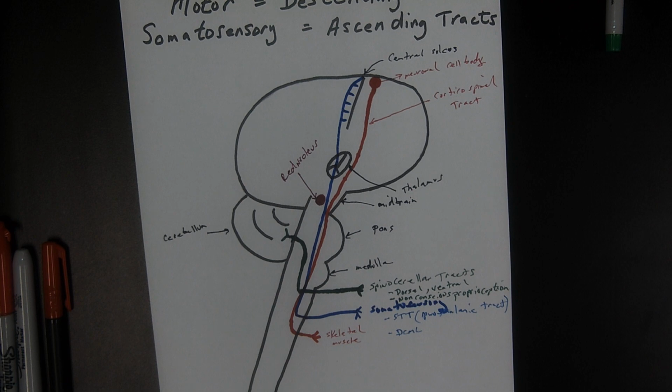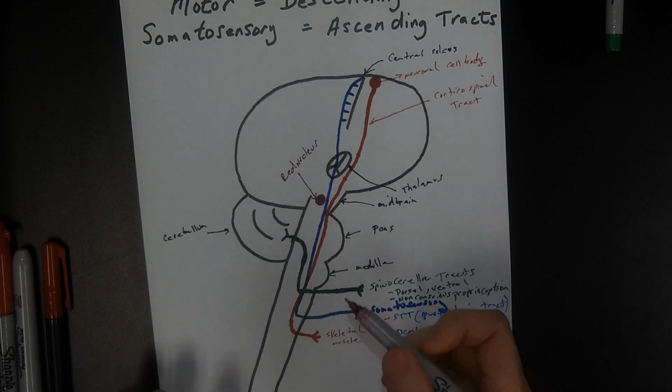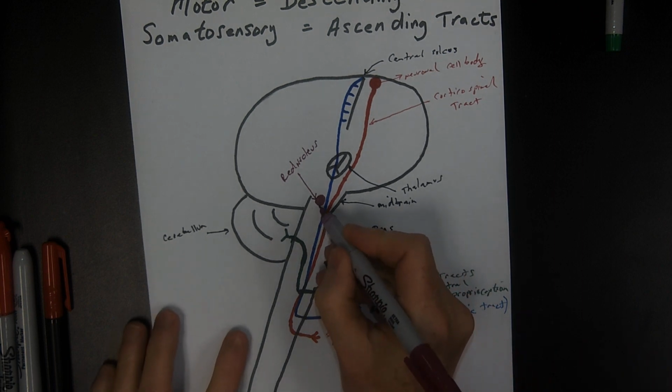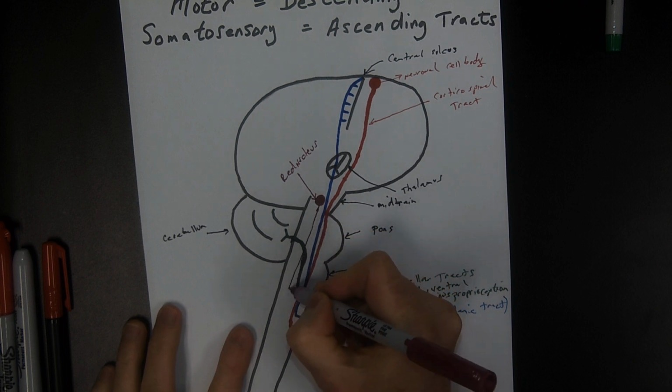So the red nucleus, just neuronal cell bodies, creates a tract by sending out axons. These axons travel down the spinal cord.